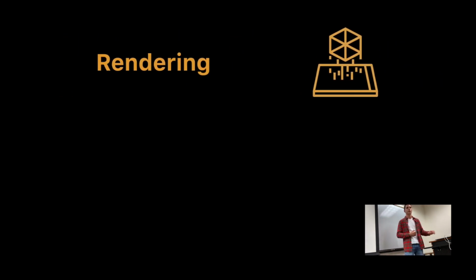And the next layer is rendering. It's easily integratable into any renderer of your choice. So for example, if you have used SceneKit or SpriteKit before, those are iOS frameworks for rendering 3D and 2D objects respectively. You can use those, or if you prefer to use Metal, you can use that as well.